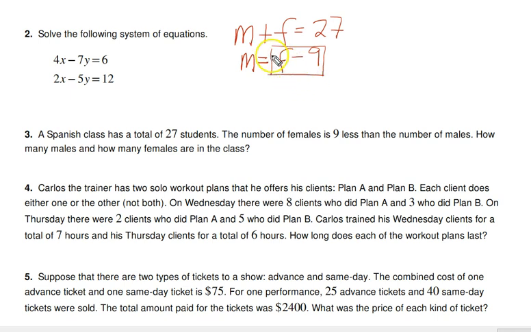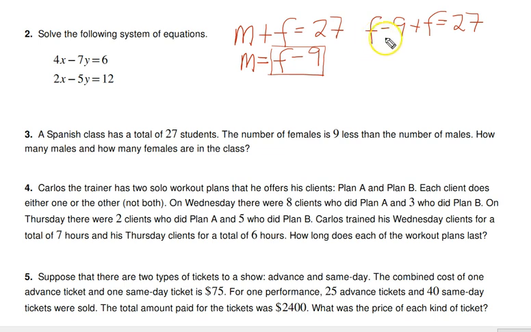If you take m as equal to f minus 9 and put that in this equation, we get m is going to be f minus 9, this is the m here, and then plus f equals 27.